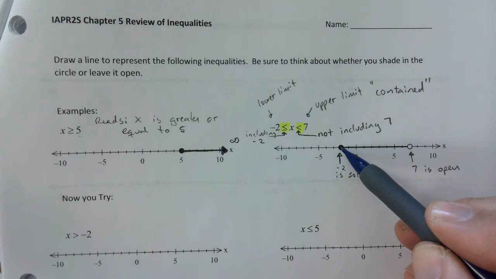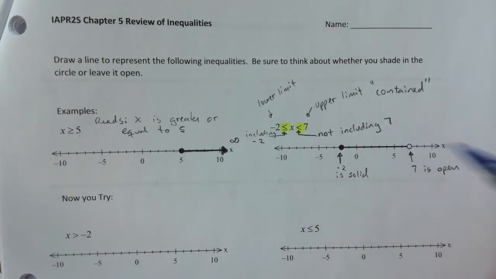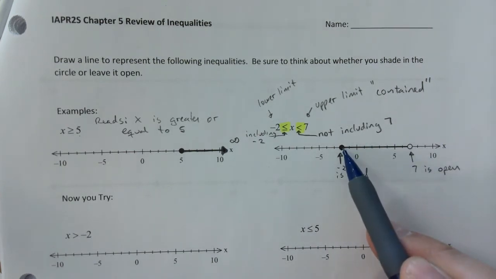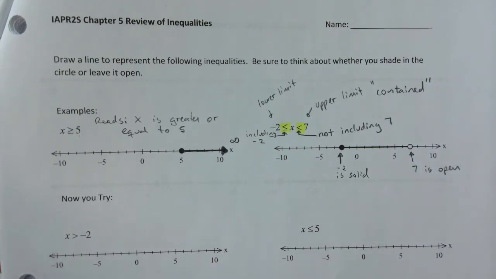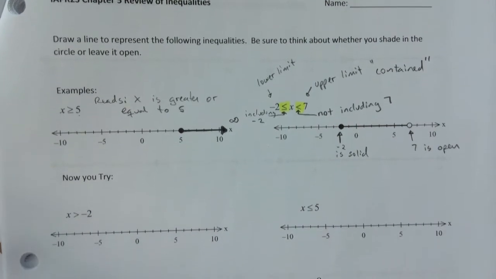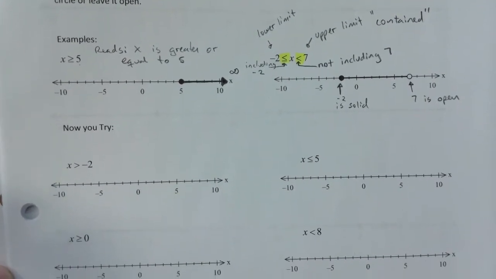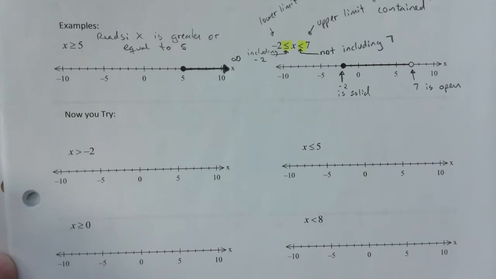This is a solid dot and this is an open dot. And notice that there's no arrowhead. It has a start on the lower end and it ends on the upper, but it would not be including the 7 in this case. We'll go through a bunch of examples until you get the grasp of this.